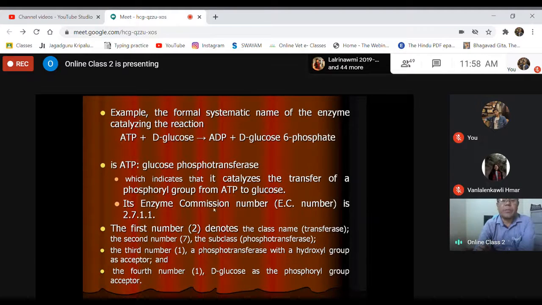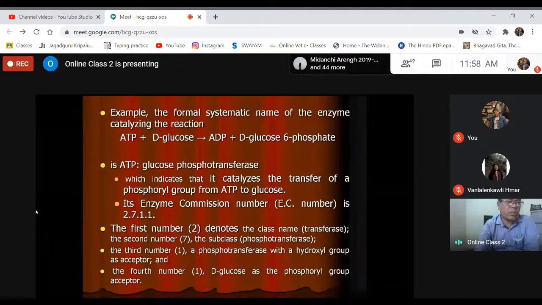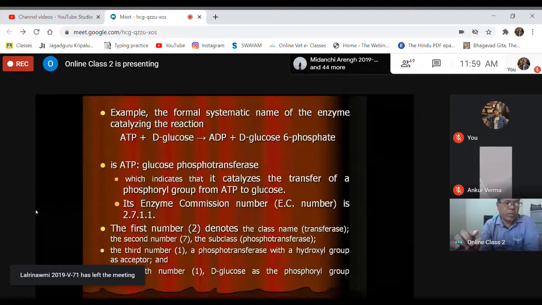And its enzyme commission number, the 4-digit enzyme classification number, is 2.7.1.1. So there are 4 digits assigned to this particular enzyme, the ATP:glucose phosphotransferase.